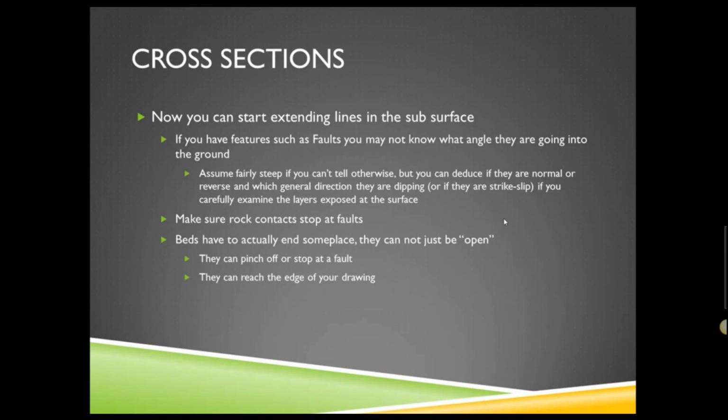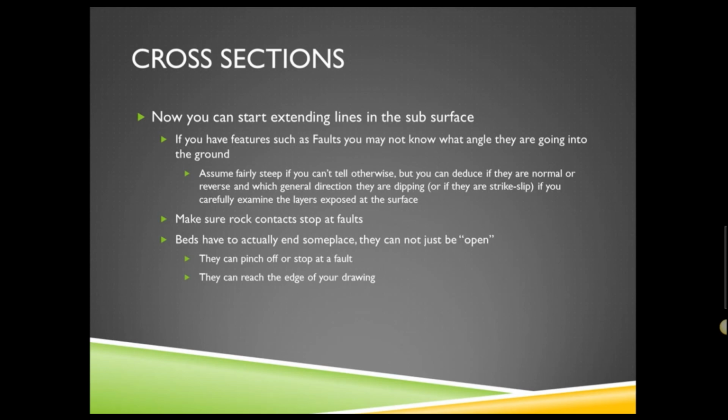Now, one key thing, and you have this in part 2, is if you have a fault, you may not know exactly what angle the fault is dipping, but you may or may not have the direction that the fault's dipping from your survey work or from your map.